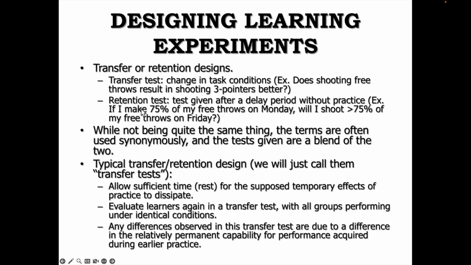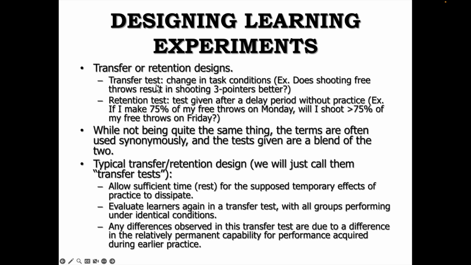The second type of test design is a retention test, meaning that the same test is repeated after some sort of delay or period where no practice has occurred. For example, let's say on Monday I shoot free throws and make 75% of them. If I repeat that test on Friday, will I shoot greater than 75% of my free throws? If I do, that means I performed better on my retention test compared to my original test.